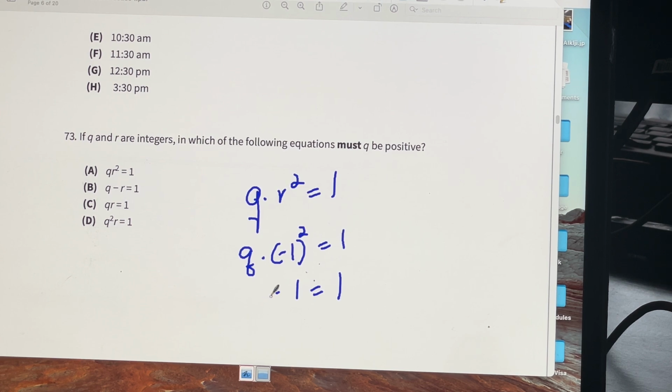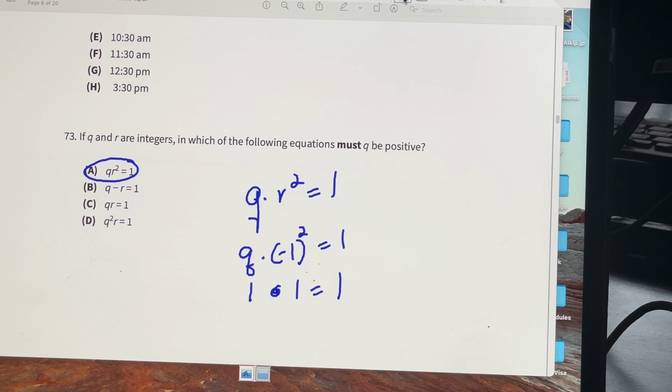Does that make sense? If Q is negative, this equation A will not work. So Q must be positive for equation A to be true, which I guess is our answer.